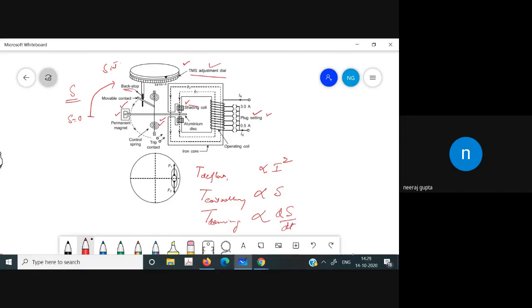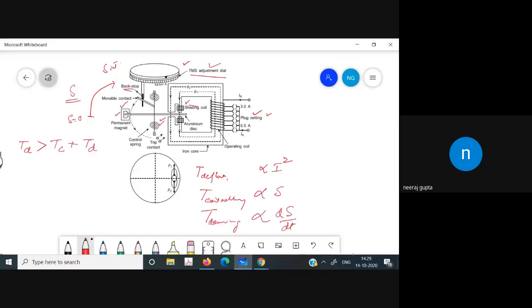Now we have three kinds of torques: the deflecting torque, the controlling torque, and the damping torque. This torque equation can be written as deflecting torque, then controlling torque, and then damping torque. The deflecting torque should be greater than the controlling and the damping torque when it operates.